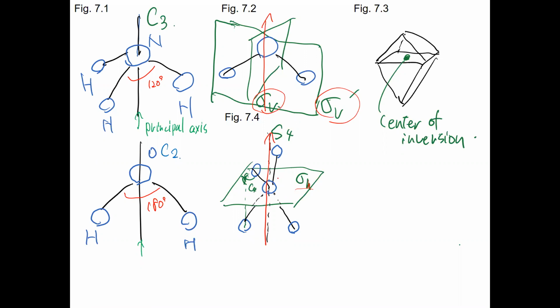After a rotation of 90 degrees, because this one is 4, so 360 divided by 4 equals 90 degrees, and then the sigma H operation, you can just imagine the structure rotated 90 degrees and mirrored by sigma H, and it's going to overlap. This is called rotary reflection.